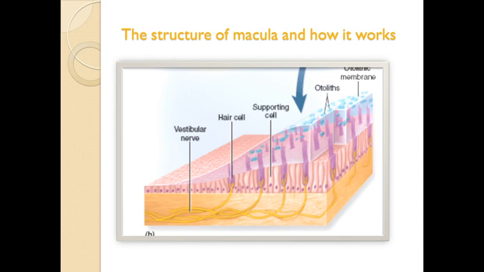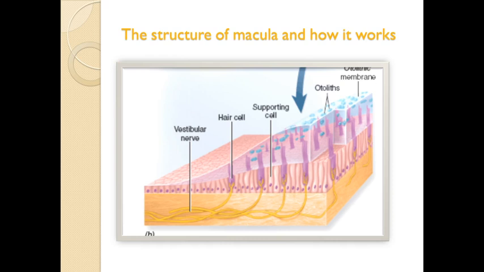The sensory hair cells are projected into a gelatinous cap once again, like cupula, and we can observe that there are some structures mentioned in blue color on the top of that gelatinous layer. Those blue color structures are called otoliths. Otoliths means calcium carbonate crystals. So these crystals are very important.